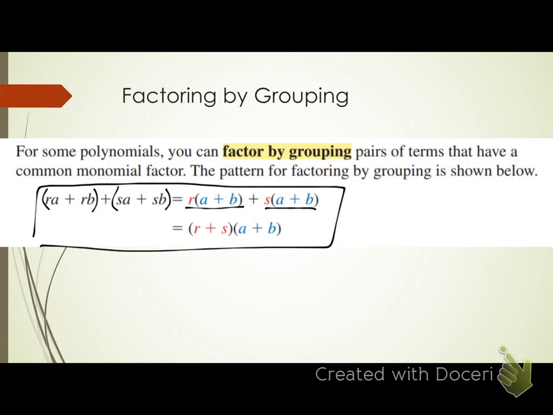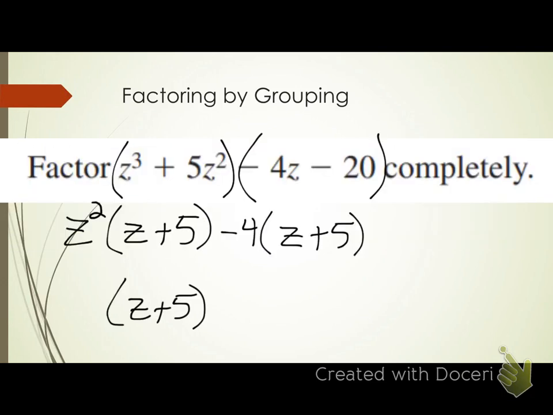Z squared minus 4. Everyone okay with that? The thing that they have in common, this thing in the parentheses that's the same, is one of my factors. And then the two GCFs put together is my other factor. Any questions on that?